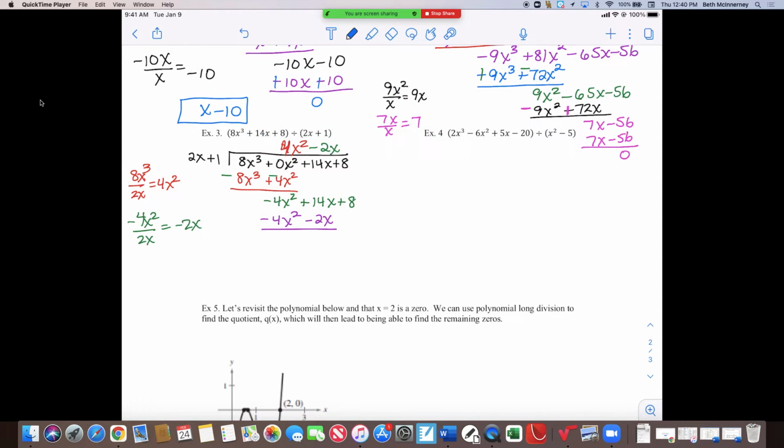All right, so I need to subtract. And you either literally subtract or you're going to do my method, which is take the opposite and add. And I get 16x plus 8. And then I just repeat my process.